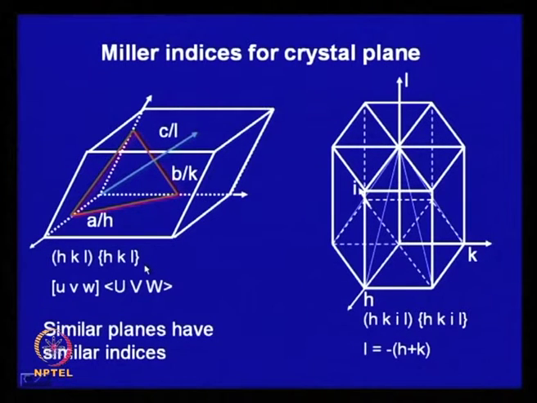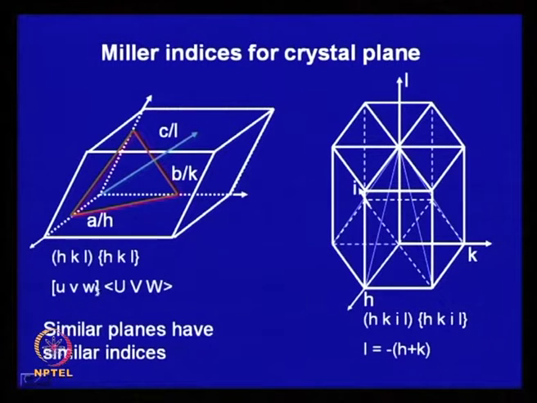In the same way, it is possible to represent directions. This is a crystallographic direction, which we represent simply by coordinates in terms of the crystallographic axes. If the coordinate is u v w, that means you move u distance along the a axis, v distance along the b axis, and w distance along the c axis.